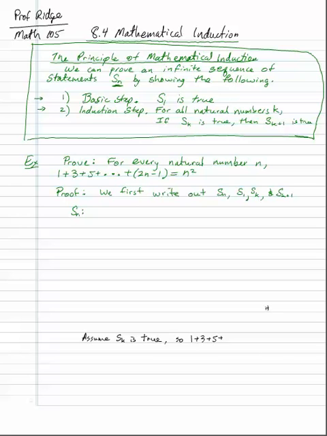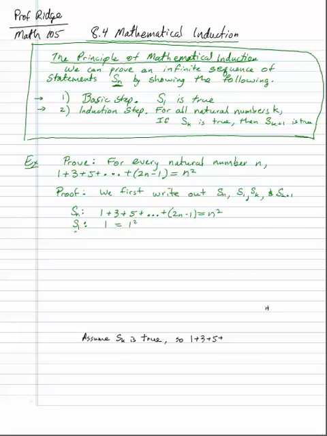Remember, S sub n is our statement for a given n, what we're trying to prove: 1 plus 3 plus 5 plus dot dot dot plus 2n minus 1 equals n squared. Now S sub 1: we're going to do 1, and we stop at 2 times 1 minus 1, which is 1. So 1 equals 1 squared.